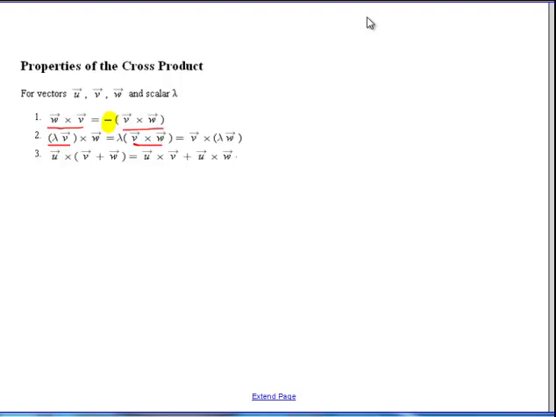We can cross v and w and then multiply by lambda, or we can multiply v by lambda and cross with w, and we get the same thing back. So lambda is commutative.